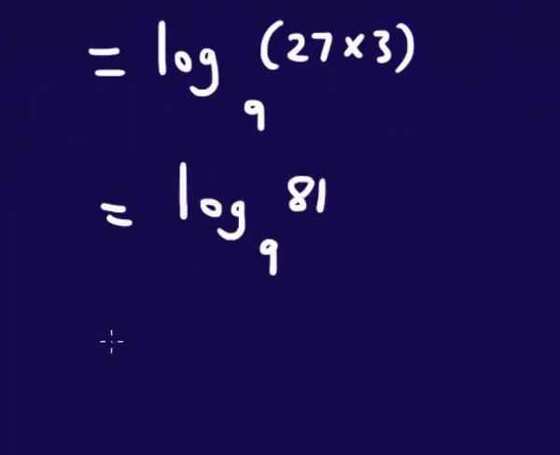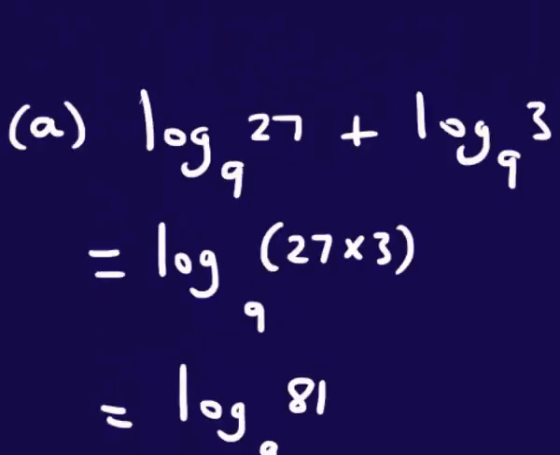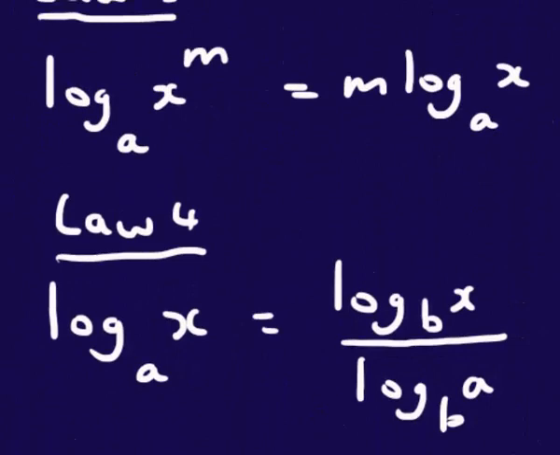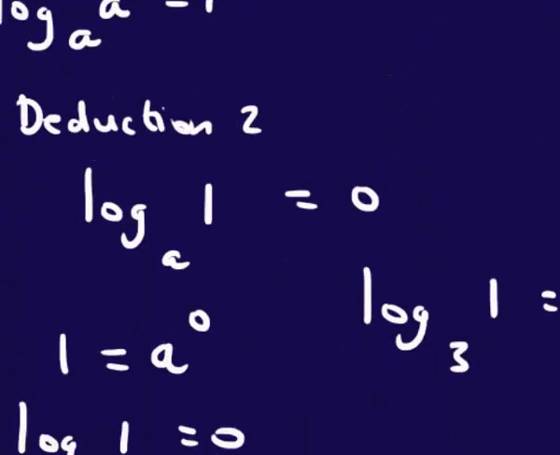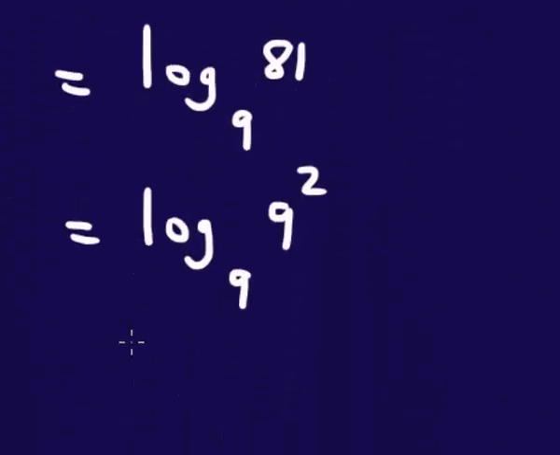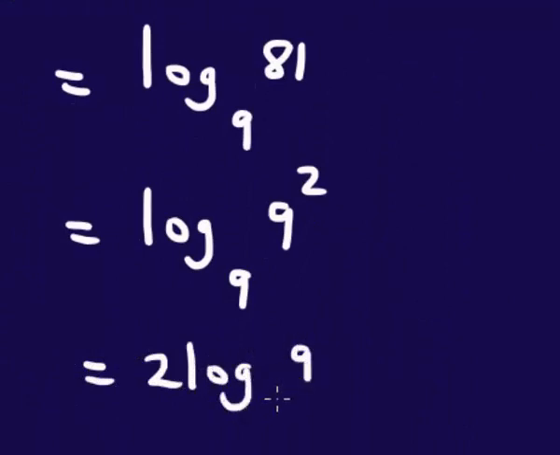Now, watch this. The log to base 9, 81 is 9 squared. If I look at the third law of logs, it says you can bring that exponent down. So if we apply that, we can bring the 2 down, and it gives us log 9 to base 9.